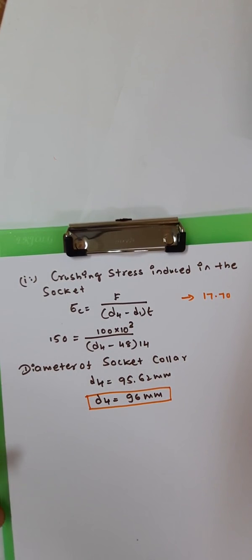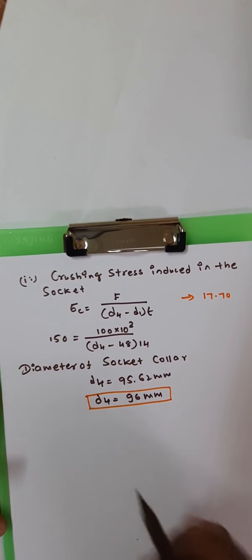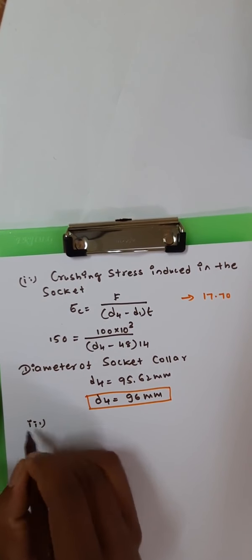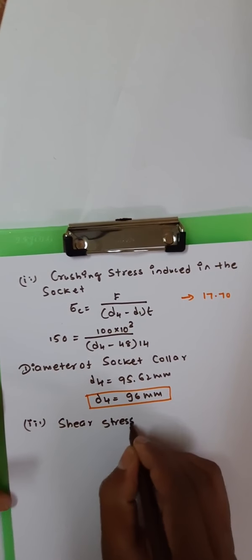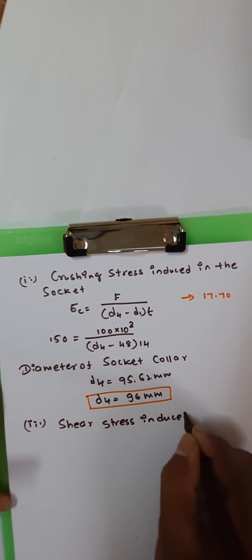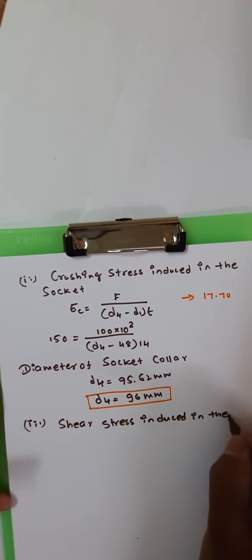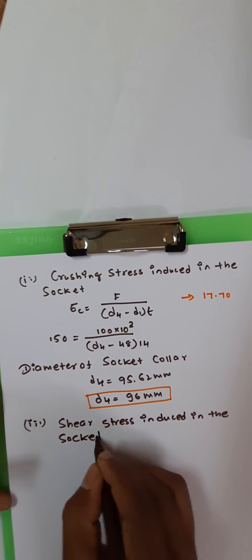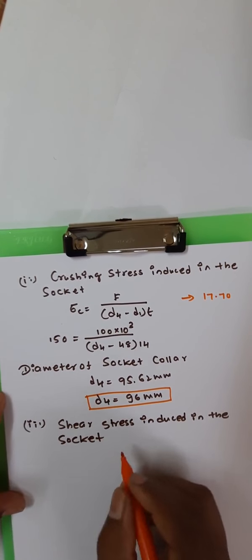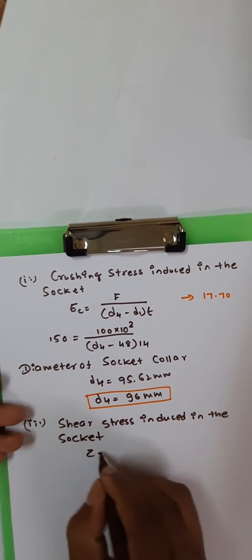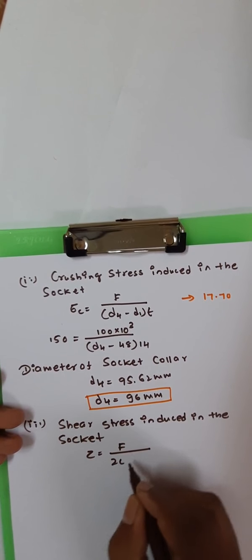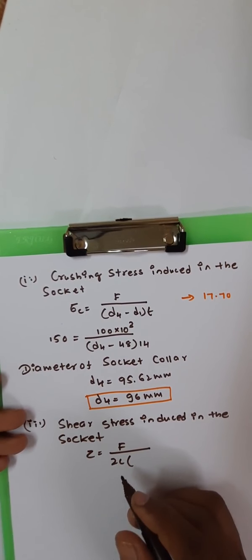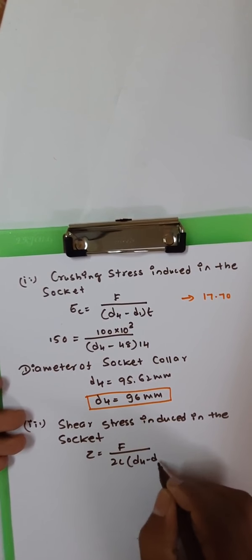Next we need to find out the third parameter, the shear stress induced in the socket. That is tau is equal to F divided by 2c into d4 minus d1.